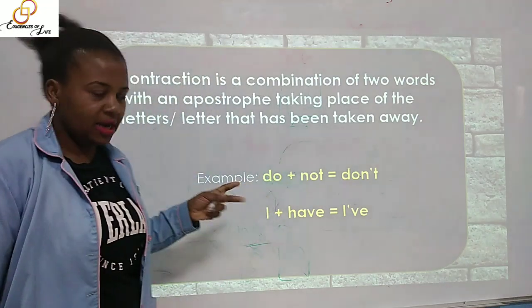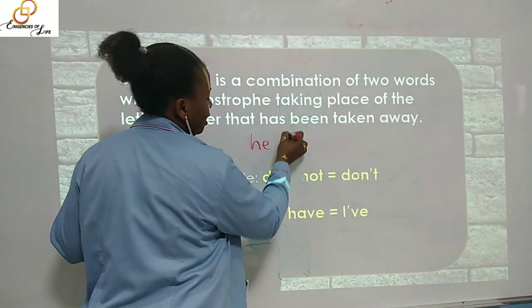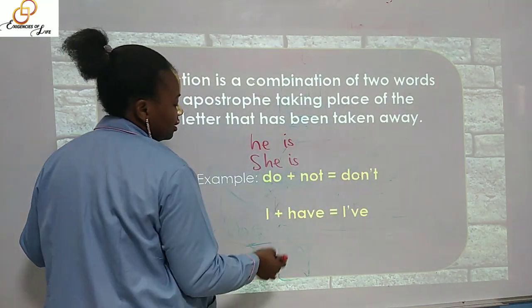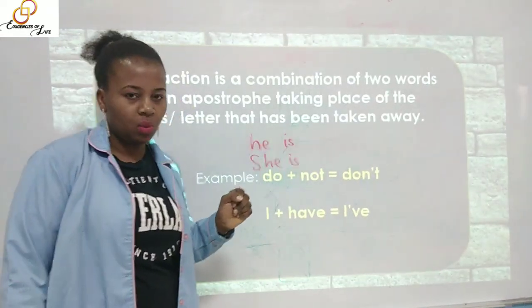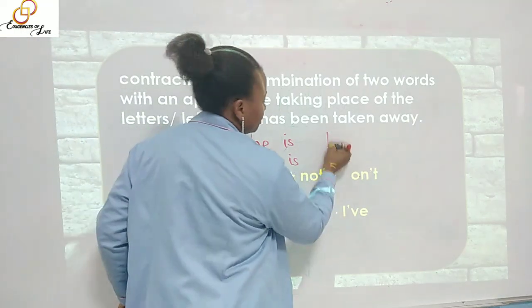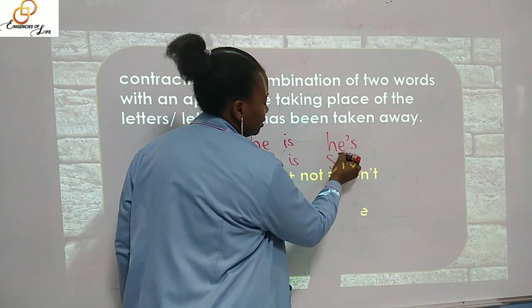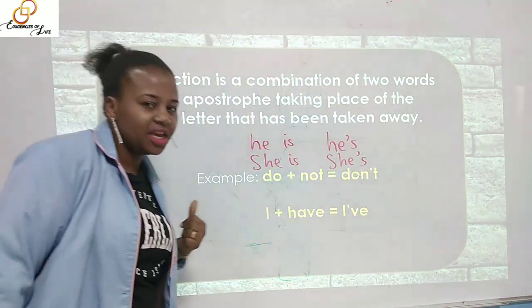Let me give you an example. If we say he is, she is, and I say put an apostrophe in these words, what will you do? You quickly change it to he's, she's. What is taken away?